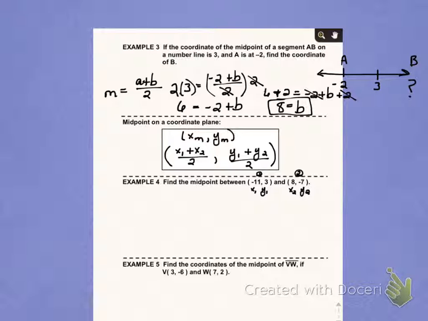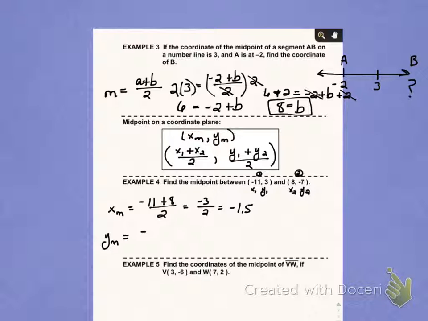So finding the X midpoint then, finding the midpoint of my X's means I'm going to have negative 11 plus 8 divided by 2, which is negative 3 over 2, which is negative 1.5, and you can leave it either as a fraction or as a decimal. Personally, I don't know what Miss Van Omeren likes, but my personal preference is to leave it as the fraction.